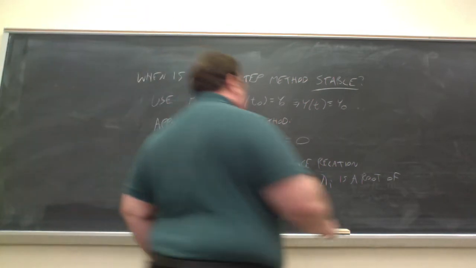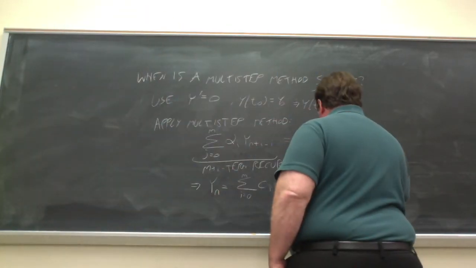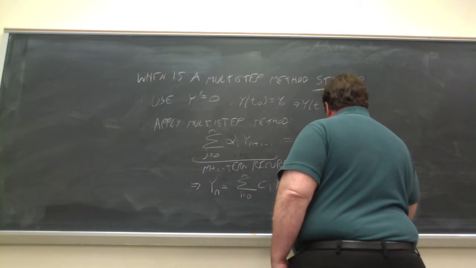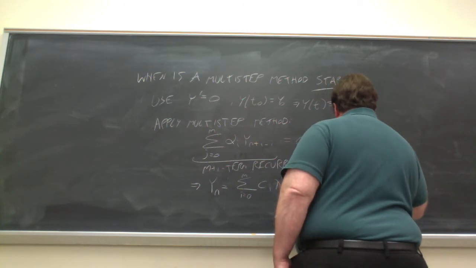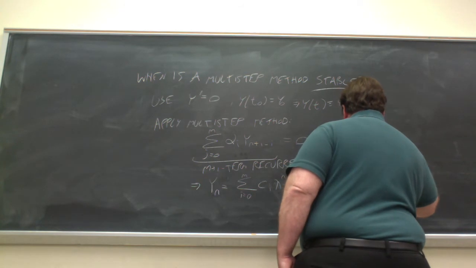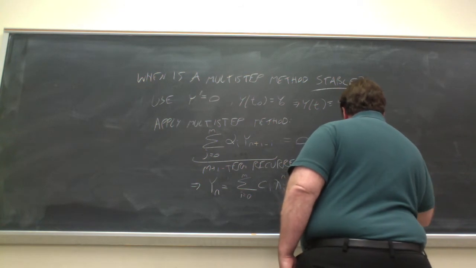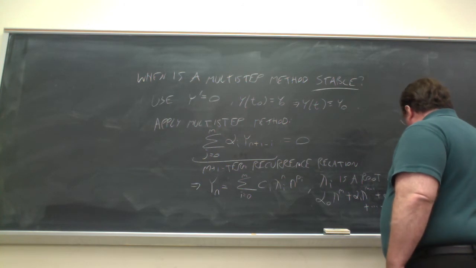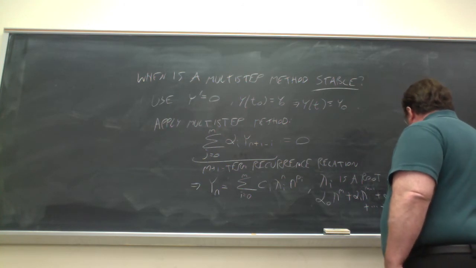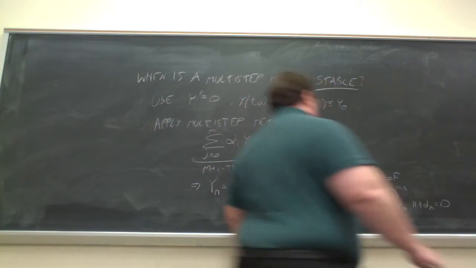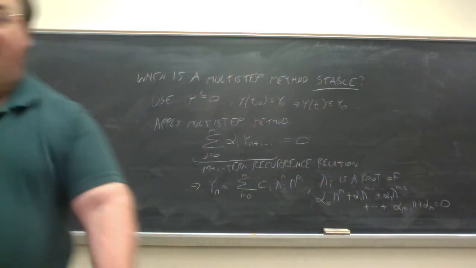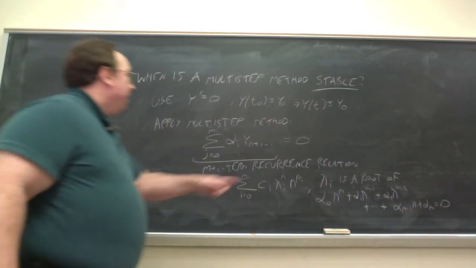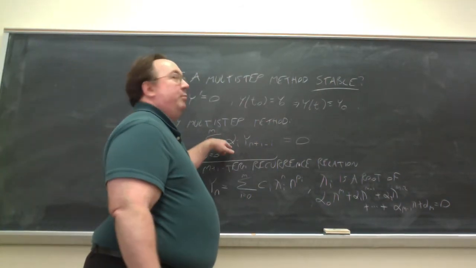So it's this polynomial: alpha 0 lambda to the m plus alpha 1 lambda to the m minus 1, plus alpha 2 lambda to the m minus 2, and so forth, all the way down to alpha m minus 1 lambda plus alpha m equals 0. So we have an mth degree polynomial equation where we get the coefficients right off a multistep method.